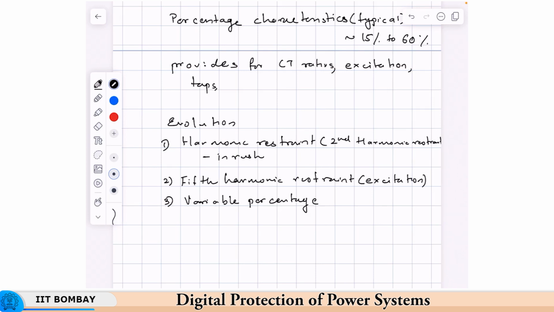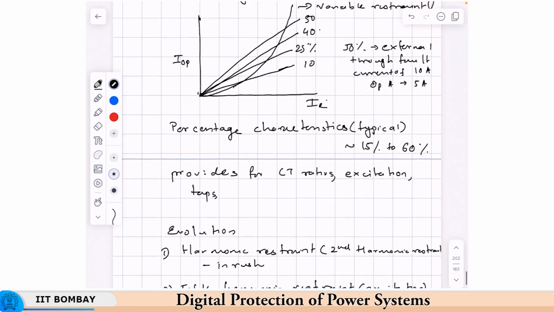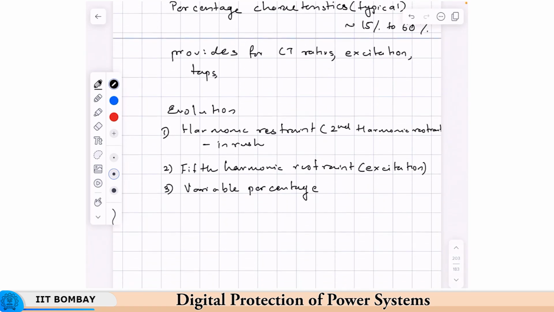To avoid that, when the current is small and the CTs have not saturated, you could have a smaller restraint. But when the current increases substantially, say an order of magnitude or something large, then one side could go into saturation or partial saturation. To take care of that, you provide a larger restraint. So, then you have a variable kind of restraint. Though this shows a continuously variable restraint, you could also have, I will just draw that characteristic, variable percentage differential characteristic.